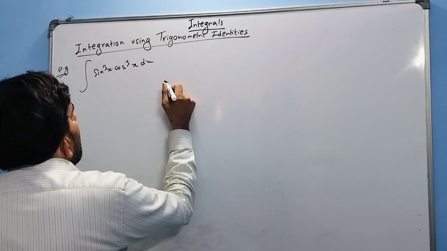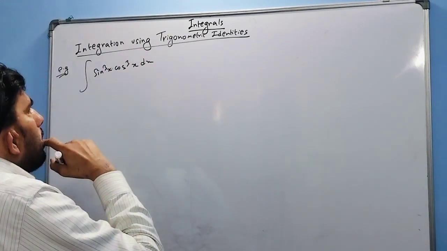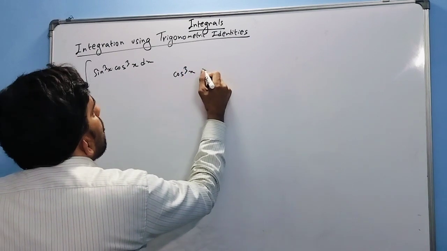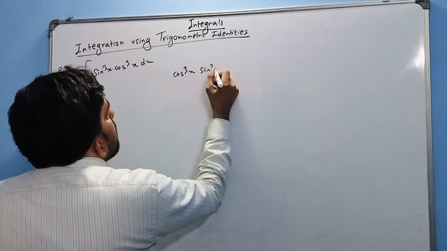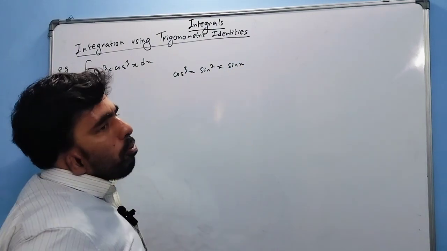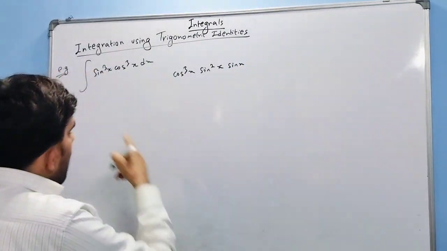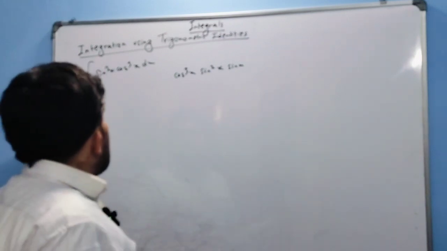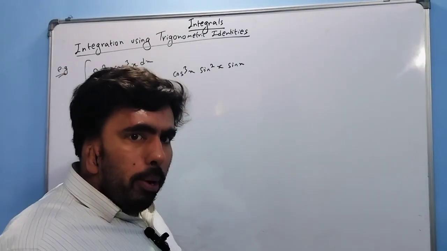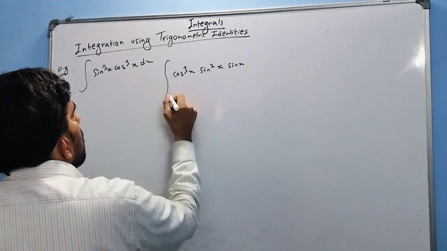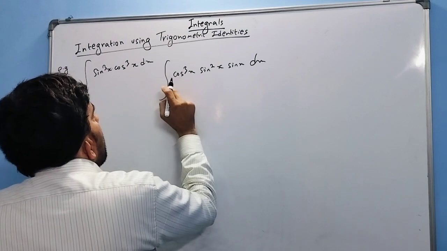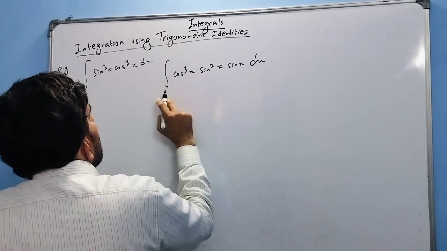Leave cos cube x as it is and change sine cube x, that is, I can write sine square x into sin x. If I multiply sine square x into sin x, we'll get the same thing, sine cube x. Now let us see how we can solve this numerical.